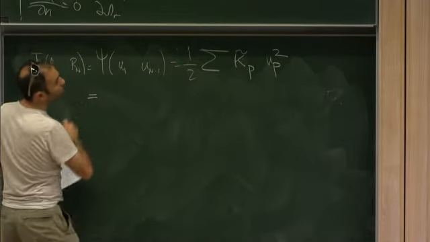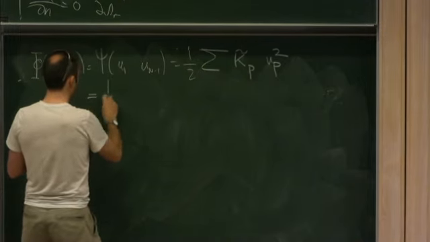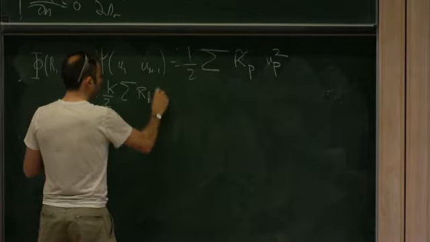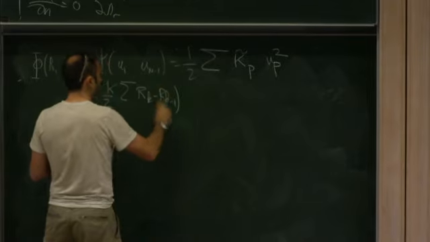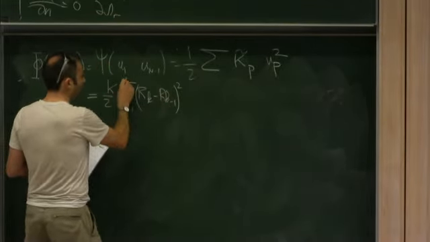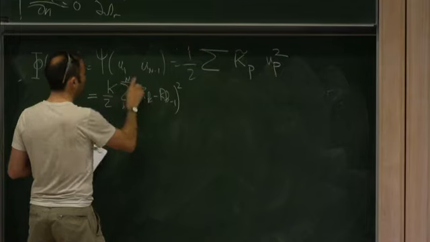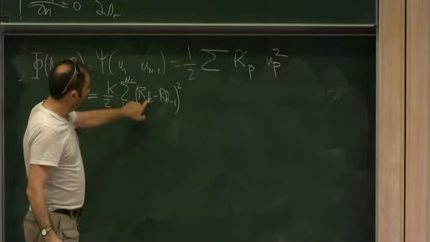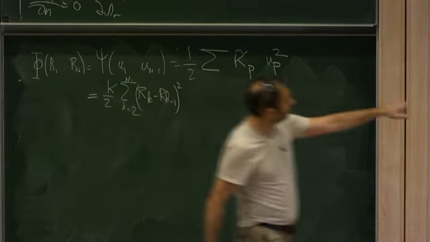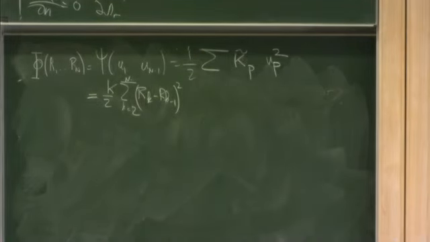Before, let me remind you what it was: one half kappa sum of R_k minus R_(k minus 1). Here I'm skipping one step, which is to change R_k by the expression in terms of U. Maybe I should write this down.